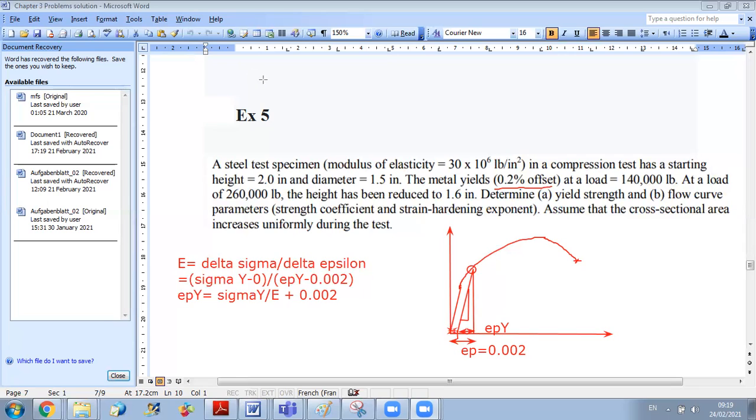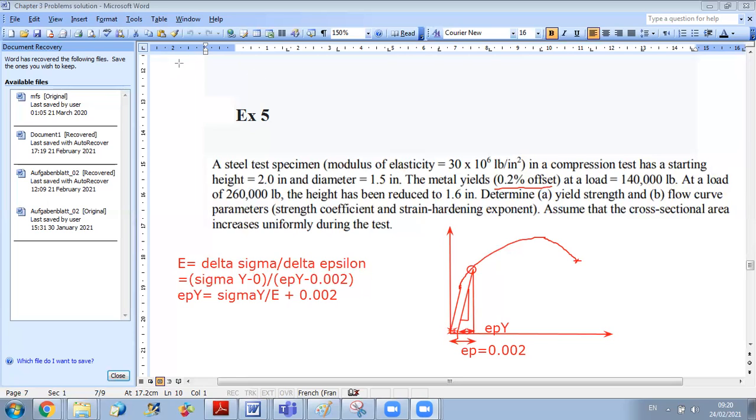If you remember, we demonstrated together the relation between epsilon engineering and epsilon true, and between sigma true and sigma engineering. So we can convert easily from one to the other. But you will see that for the yield point the values will be very close, and they will start to differ in the strain hardening zone.